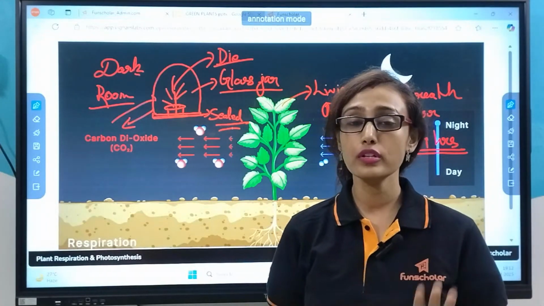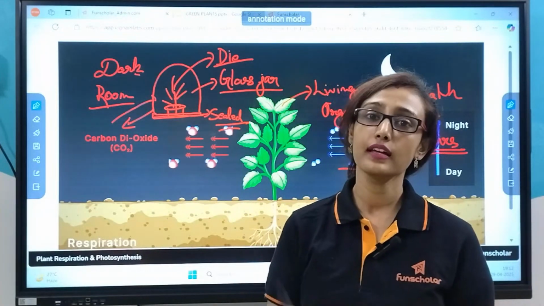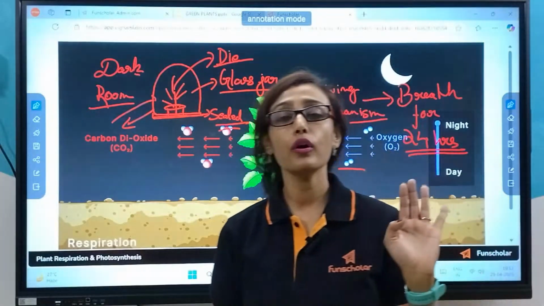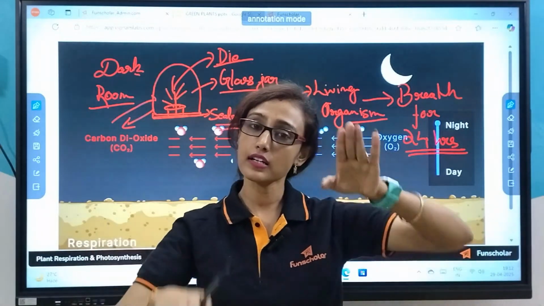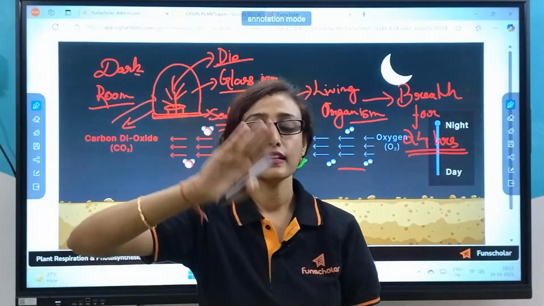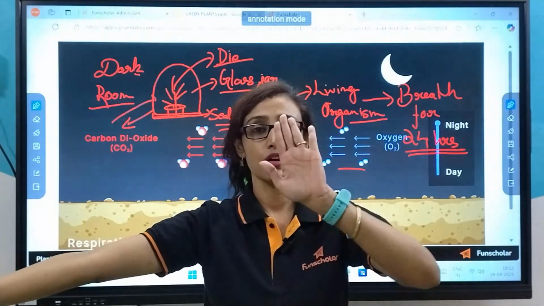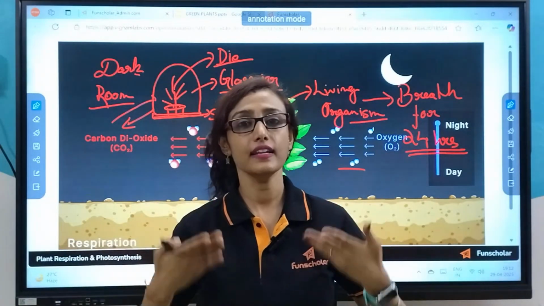So plants don't just breathe during the night, they also breathe during the day. Both the process of photosynthesis and respiration occur simultaneously during daytime. But at night, there is no photosynthesis, only respiration, just like we are doing right now.